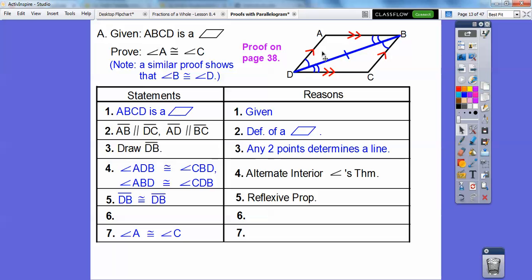So as long as we go from one arc to the side to two arcs, or whatever order, we have to go in the corresponding order the other way. So by angle, side, angle, we can say that those triangles are congruent. So since we have congruent triangles, right after congruent triangles is always CPCTC, okay?